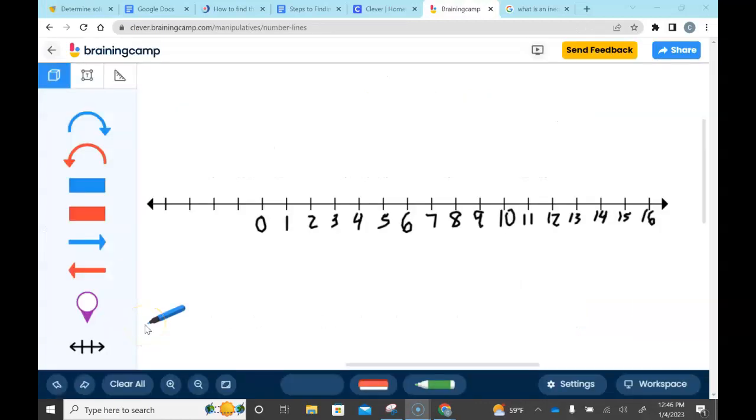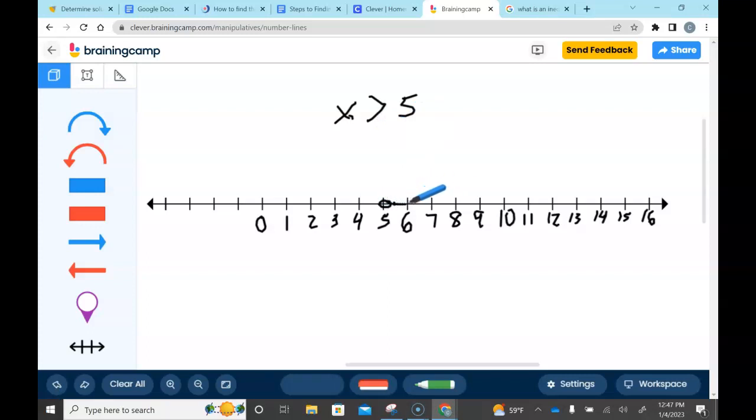Okay, so what does this look like on a number line for x is greater than 5? What we can do is we have our x here, and that's going to be greater than 5. And now to represent this inequality on a number line, since this does not have a line underneath it, what you need to do is go right to the 5 and put an open circle there.